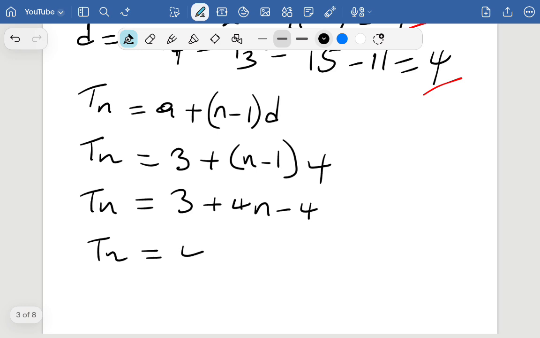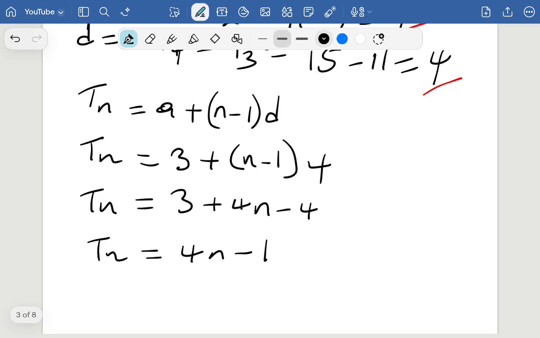So this is the formula that you are going to use when you are calculating any question asked in this topic.